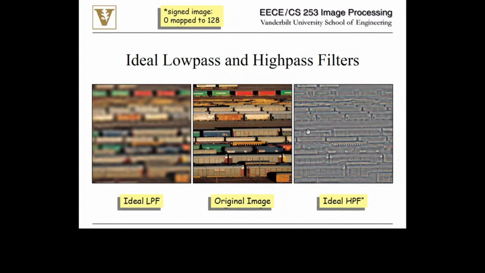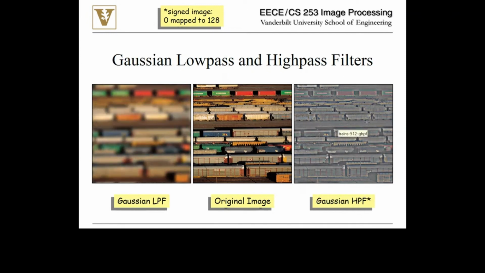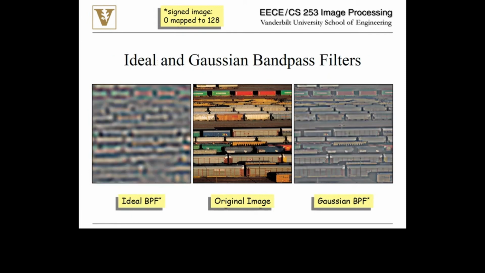And for the high-pass filters, you don't see the ringing so well. There is a kind of black ringing here. You can see. And then in the Gaussian high-pass filter, you don't see the ringing anymore. Yeah, this is the same with ideal bandpass filters and Gaussian bandpass filters.